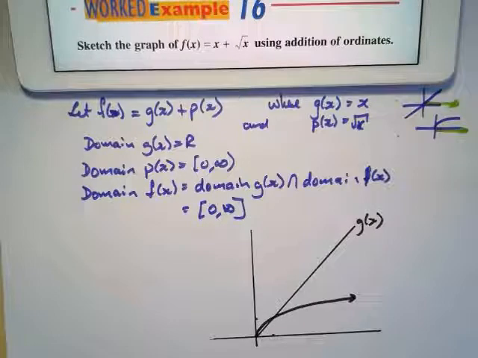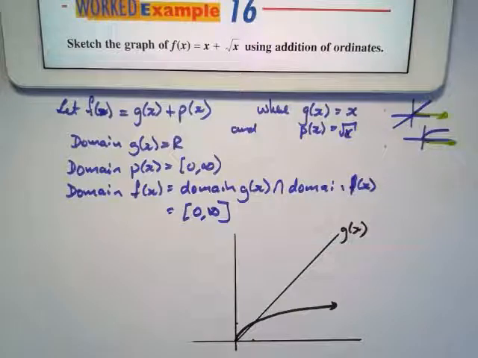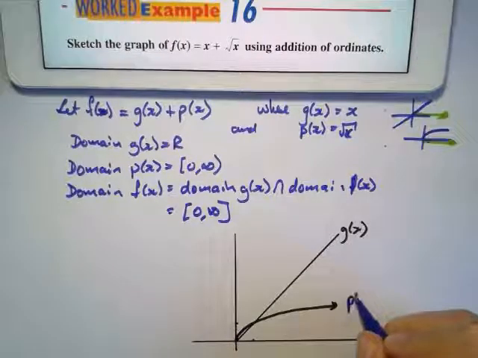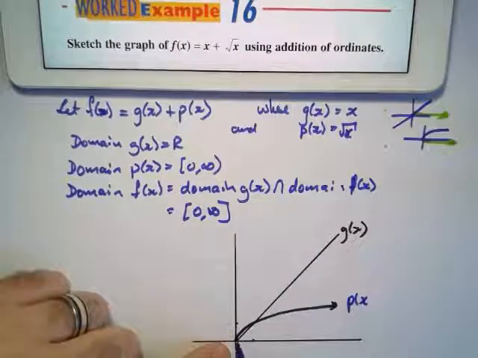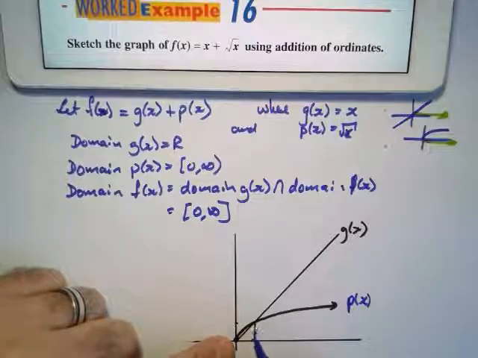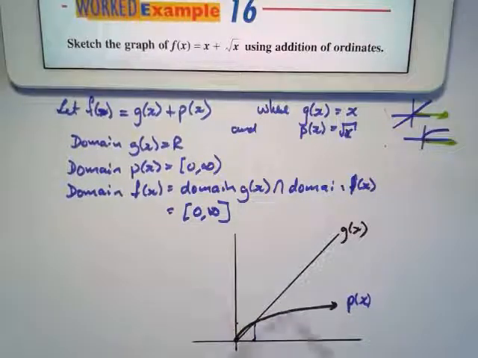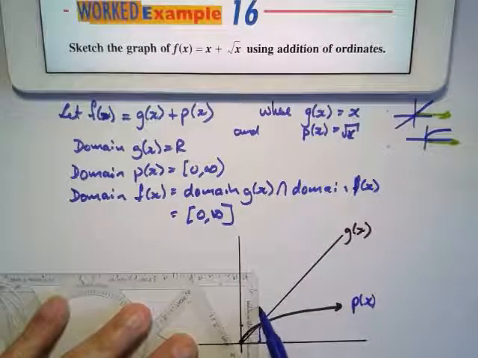Okay, so what I'm going to do now is the addition. To do the addition, I'm going to add my two graphs. Remember, I first look at the start and the end. So from here, this is g(x), this is p(x). So if I say p(x) plus g(x), 0 plus 0 is 0, so it's going to be there. p(x) over here is going to be this distance added, so that was 1, that distance was 1, so it becomes 2.